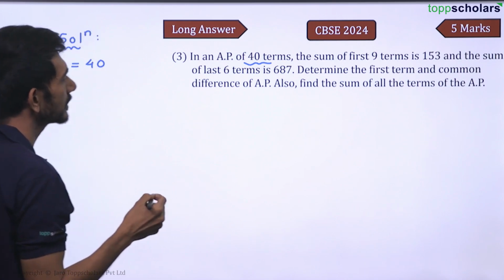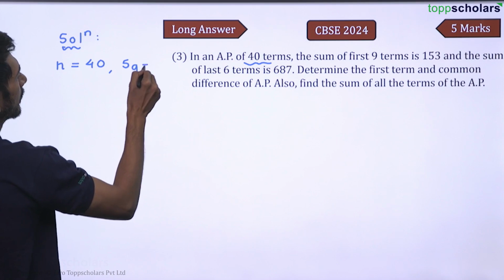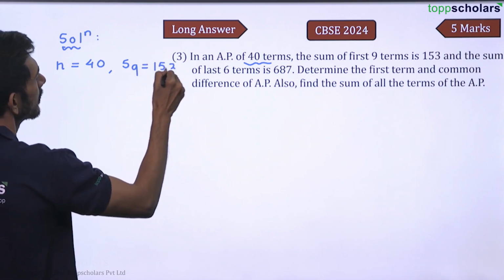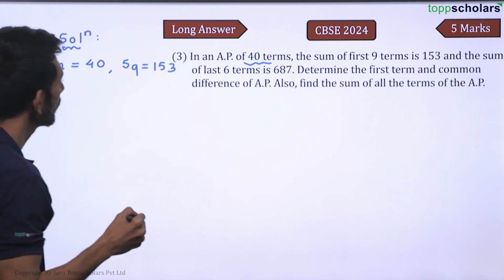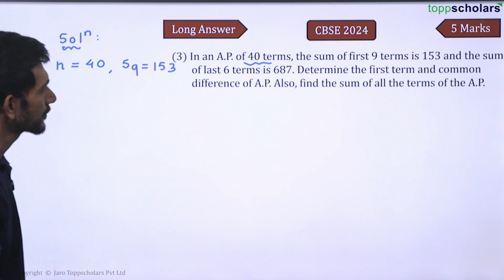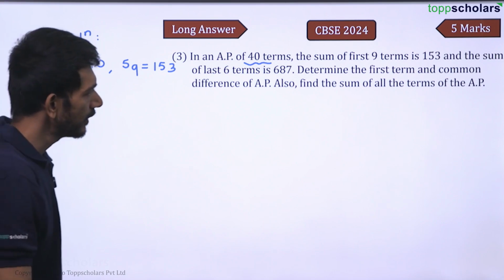The sum of the first 9 terms, S9 is given 153, right? Sum of the first 9 terms is 153, and sum of the last 6 terms, okay, here it gets tricky. Sum of the last 6 terms.